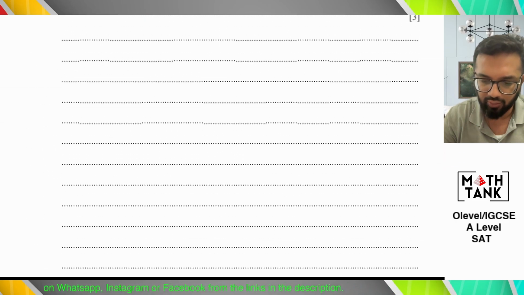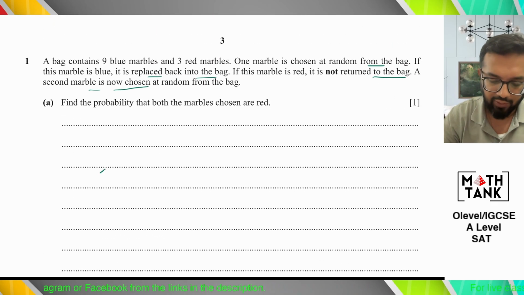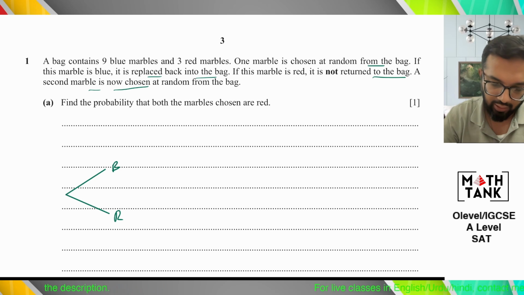Since it's a long question, my gut feeling is that if I draw a tree diagram, it's going to be easier for me. So blue and red, blue is 9 over 12 and red is 3 over 12.